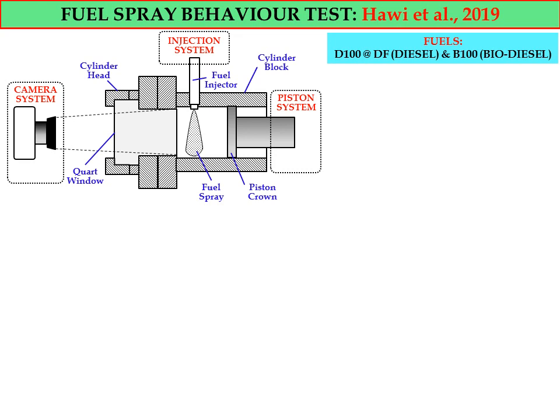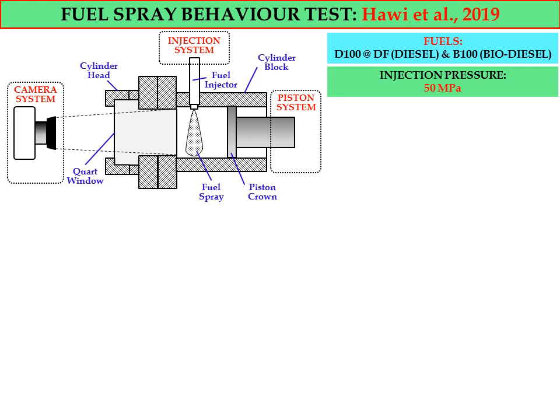So actually, Hawi et al. investigated three types of fuel. However, in this discussion, I only discuss the results for 100% typical diesel fuel, or we call DF, and also pure biodiesel, B100.